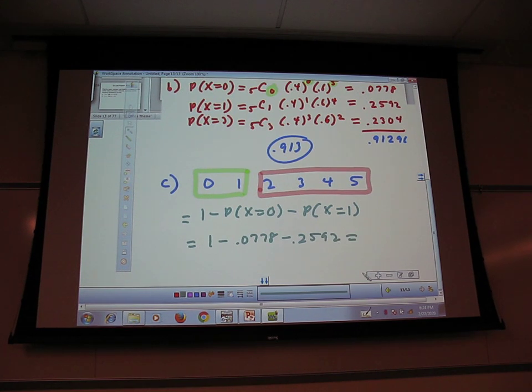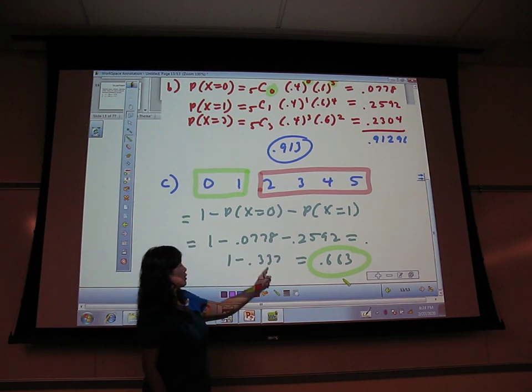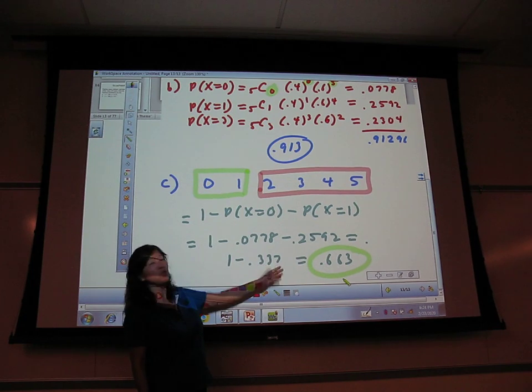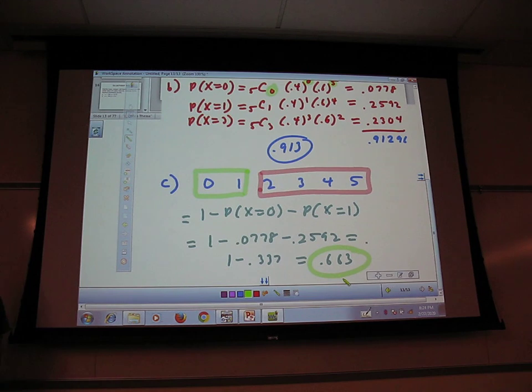So I'll go into my calculator. 0.337. 1 minus 0.337, is that what you got? So 0.663? Yeah. Okay, that works. Good. So he combined these two, he added these two together and just subtracted them. You can do it that way too. Or you can subtract them individually, you get the same answer either way.